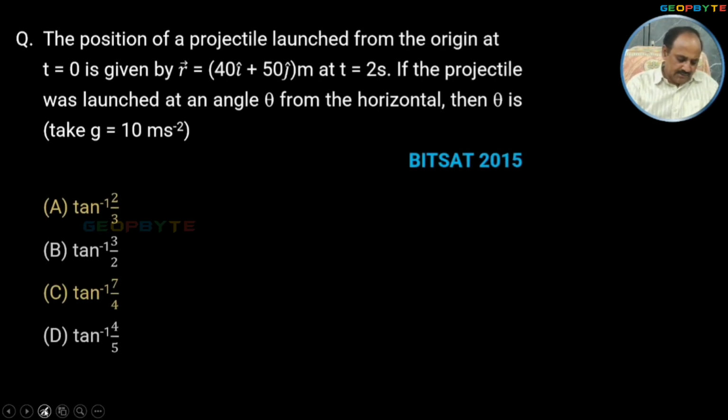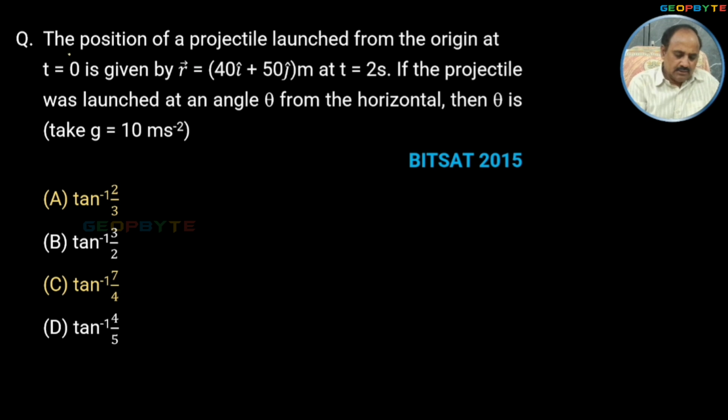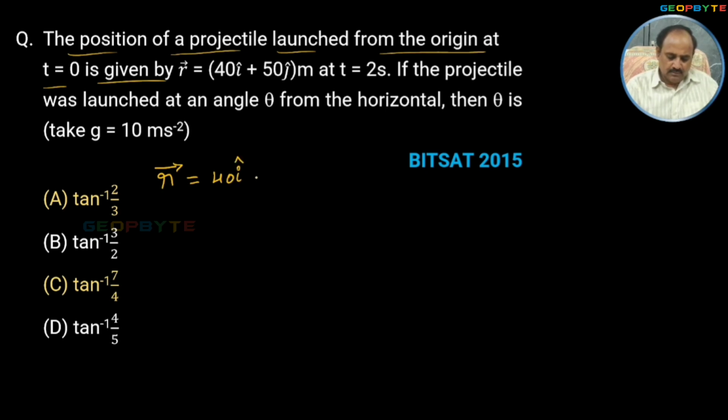Similarly, let us take another important problem. Look at the screen. It is asking like this. The position of a particle launched from the origin at t equal to 0 is given by the position vector r bar equal to 40 i cap plus 50 j cap, given in meters, at time t equal to 2 seconds.